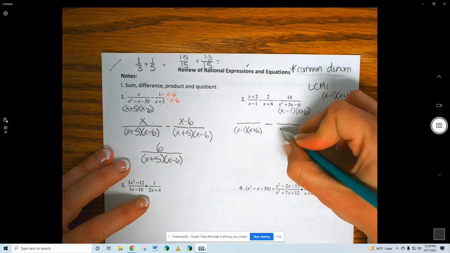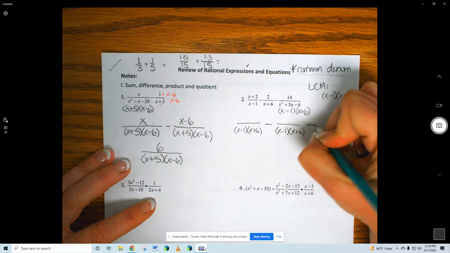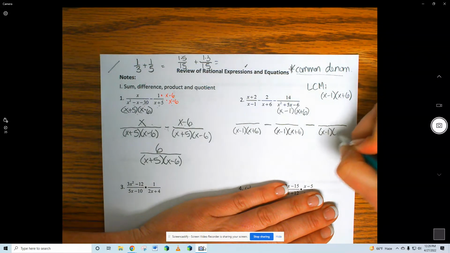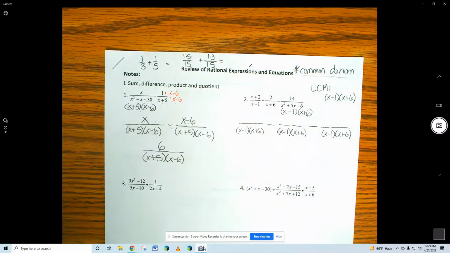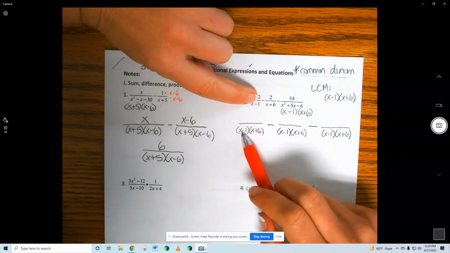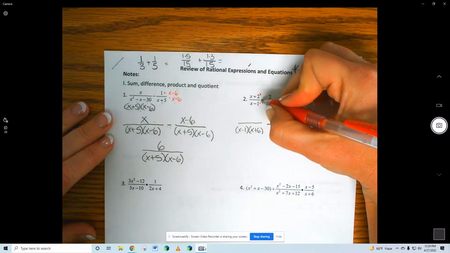So I'm rewriting 3 fractions. Okay. This fraction has already x minus 1, so it needs to multiply the top and bottom by x plus 6.